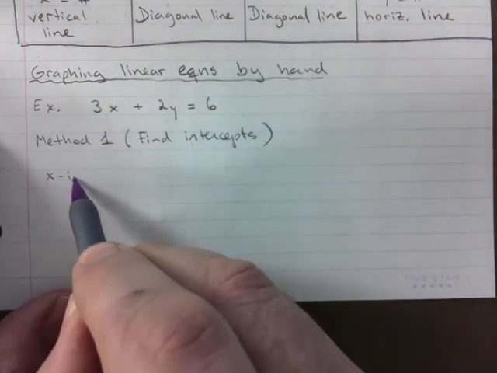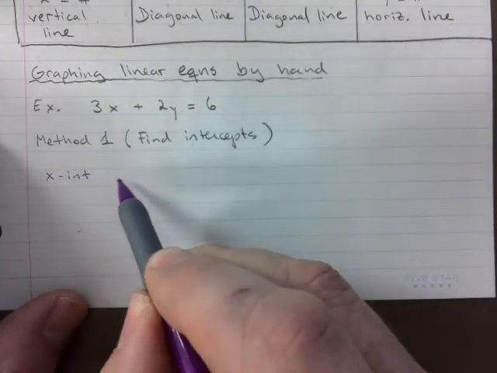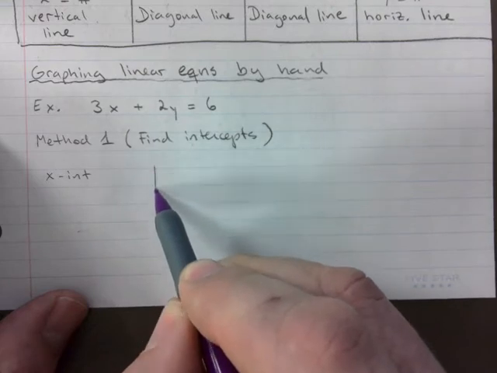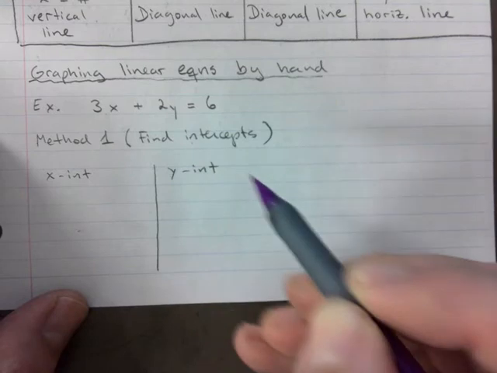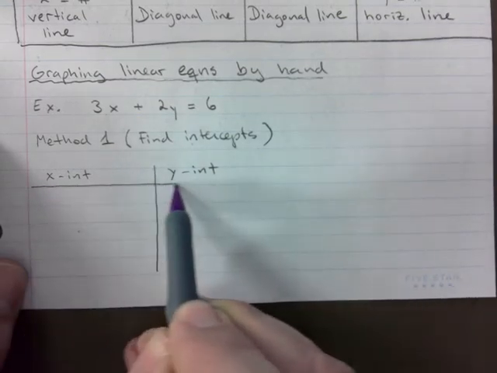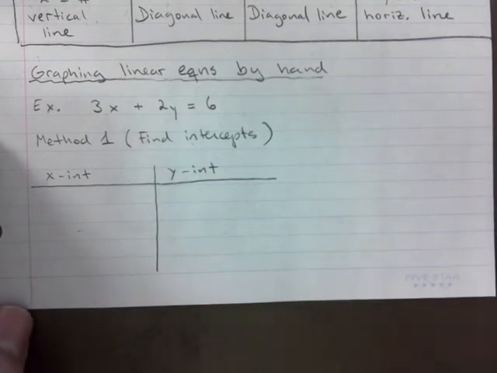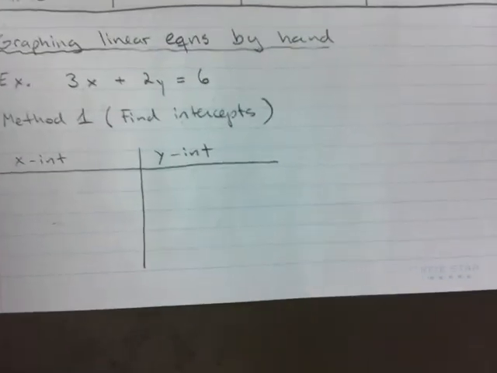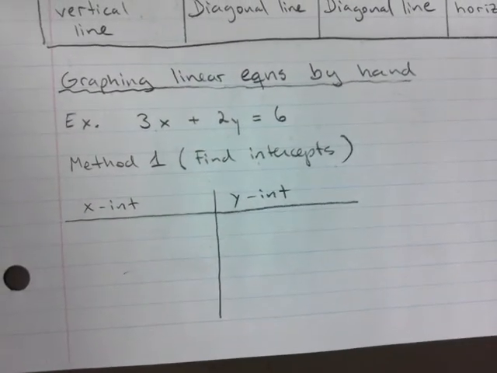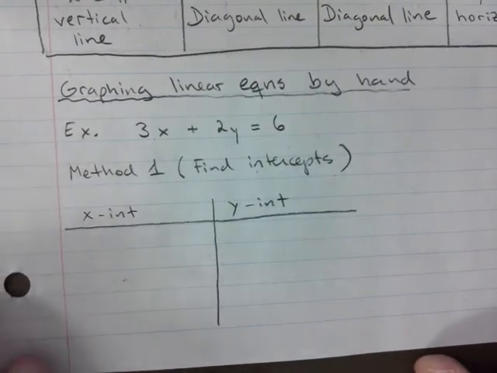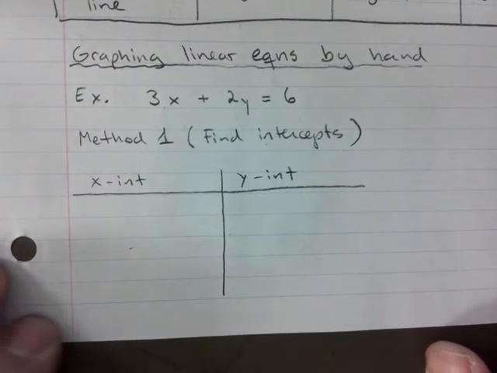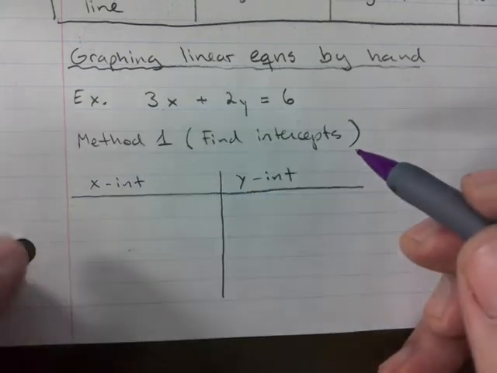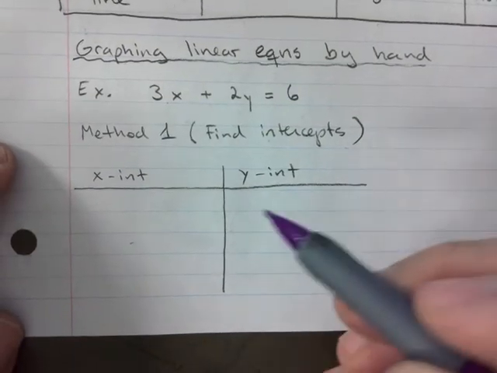I just say the x-intercept is going to be right here, and I'm going to make a t-chart and do the y-intercept right next to it, so I have them all in one spot. I'll zoom into that one right there, because all the action is going to happen right there for now. I'll do more of the zooming in. I'm going to get better at it. I'll try. I can't always do it.